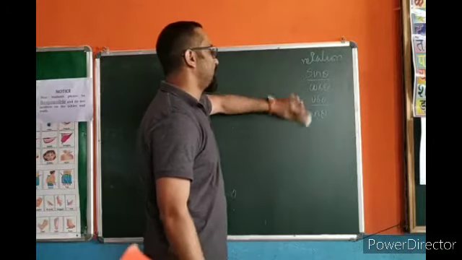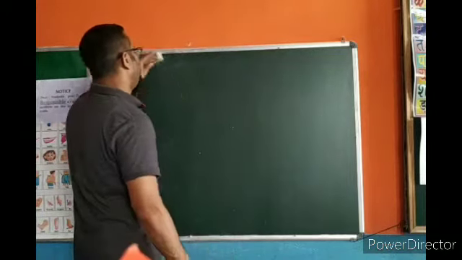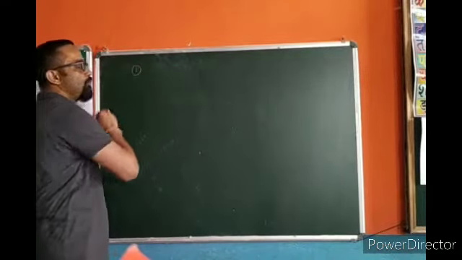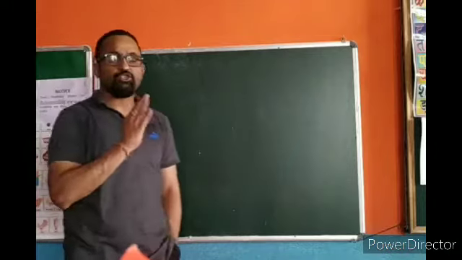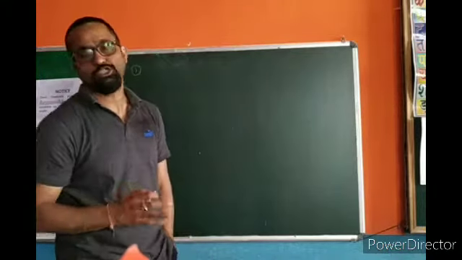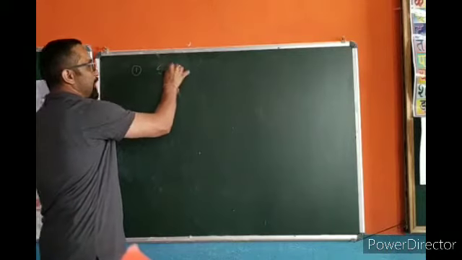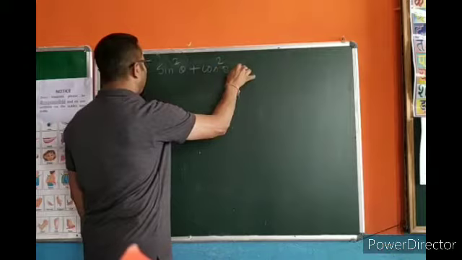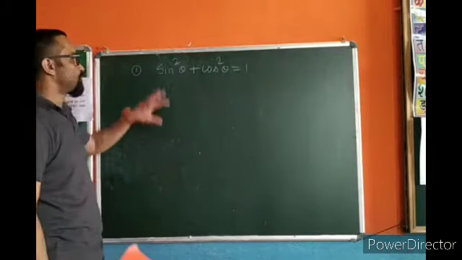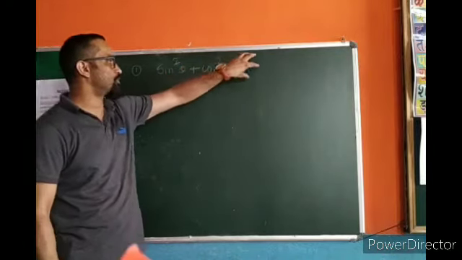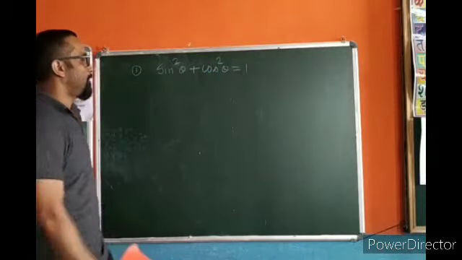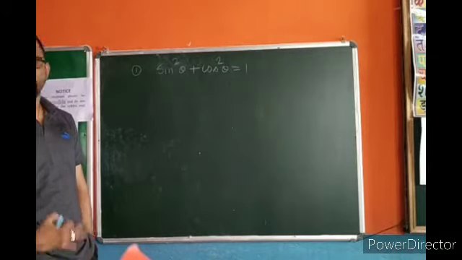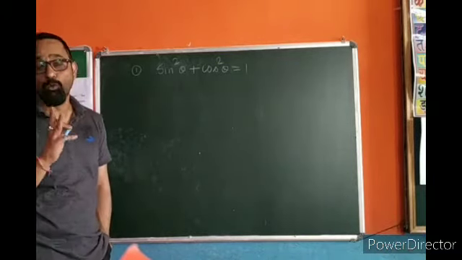Identities means square relations. You write identity or you write square relations. First one. There is square relation between sine and cos. Sine square theta plus cos square theta is equal to 1. Addition of square of sine and square of cos is always equal to 1. From this given identity relation or square relation, we can derive 2 more relations.